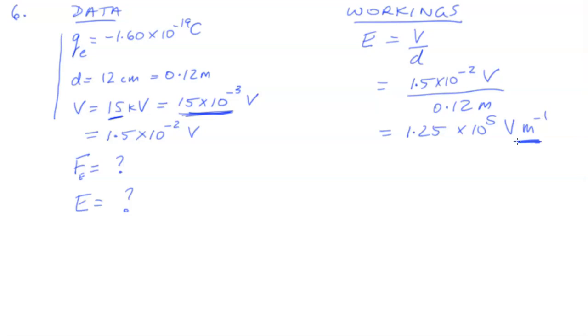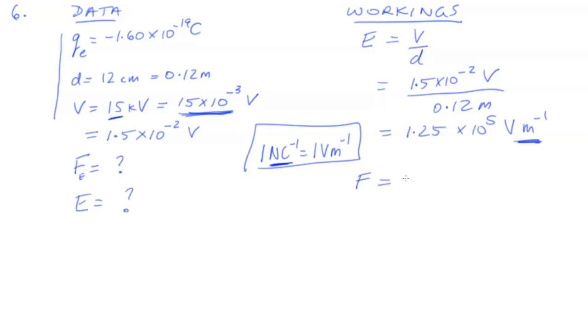We saw in the previous example newtons per coulomb for electric field strength. So 1 Newton per coulomb is equivalent to 1 volt per meter. It's the same thing. So we'll use these units for the next part.